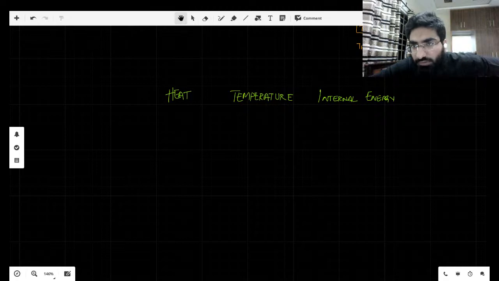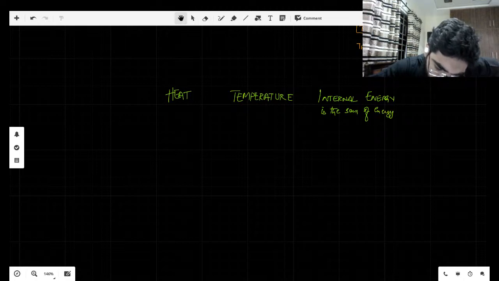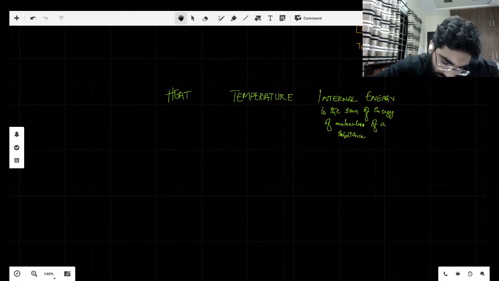I'll write it down, in fact. Internal energy is the sum of energy of molecules of a substance. Temperature is the average kinetic energy of molecules.